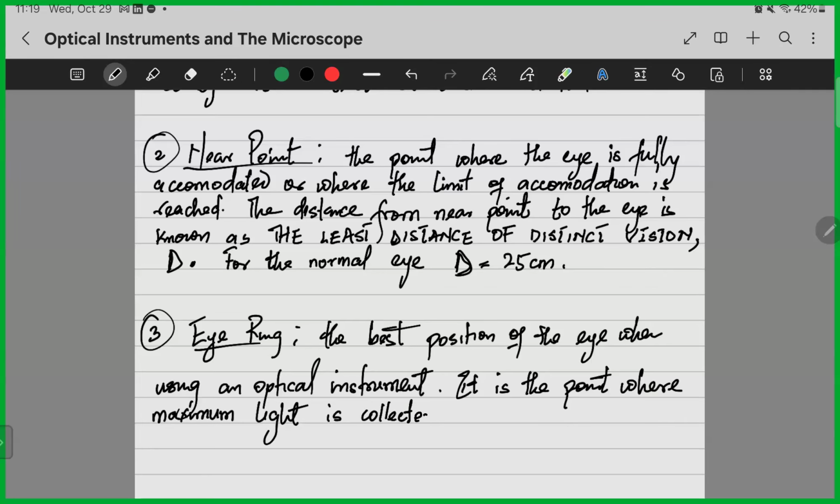Why? The final image is anywhere between 25 centimeters from the eyepiece and infinity.